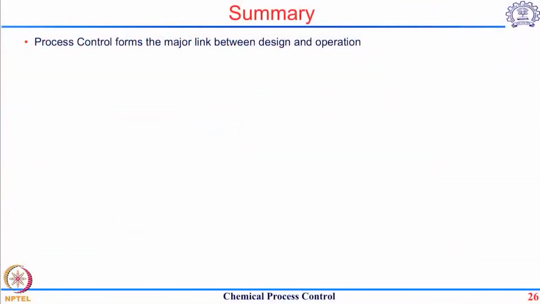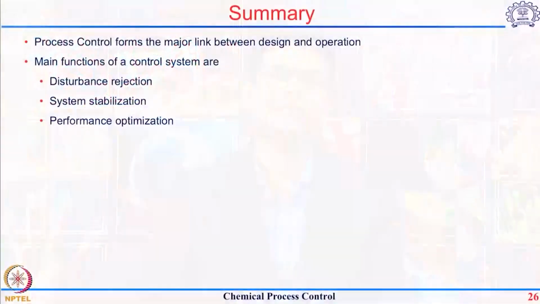So to summarize, what we have seen is that process control forms a major link between the design of the process which you have done based on steady state and the actual operation. Without this link of process control, your designed process will not be able to give you the result in a real field. We saw that there are three major functions of a control system.